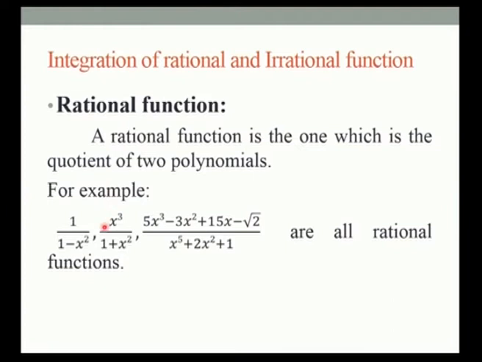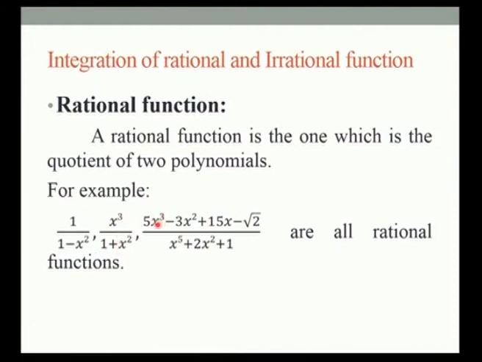Then x cube by 1 plus x square. Here the numerator x cube is a polynomial of order 3, and 1 plus x square, the denominator, is a polynomial of order 2. So this is also a rational function.